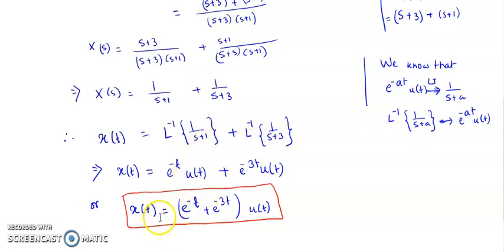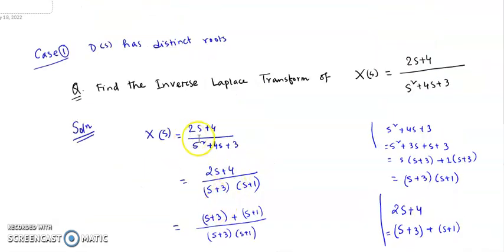Ultimately we get the output in the time domain as x(t) equal to this one. This is the inverse Laplace transform result of the given function.